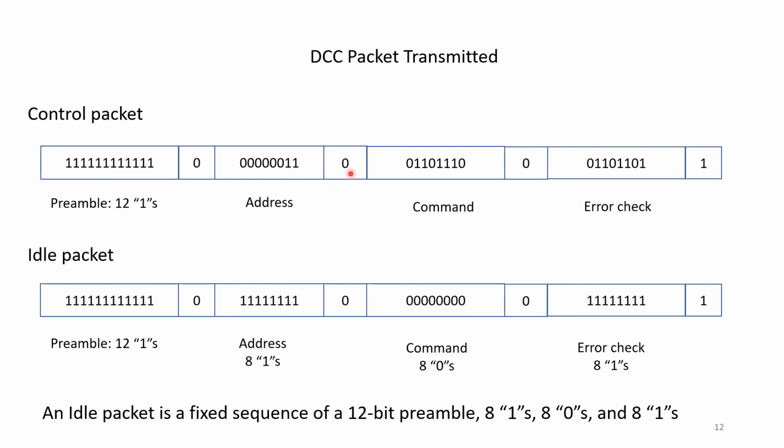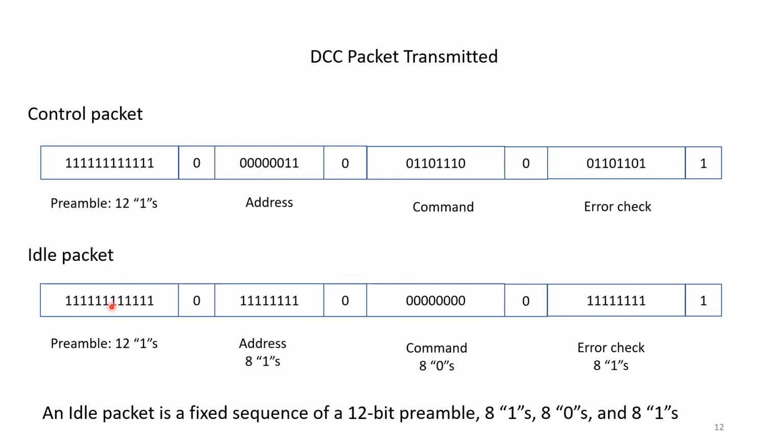Then a digital 0 to mark the end of the address byte, and what's coming next is the command byte, followed by digital 0, followed by the error check byte, followed by digital 1, which tells the decoder that the control packet has come to an end, and what's going to follow now are idle packets.